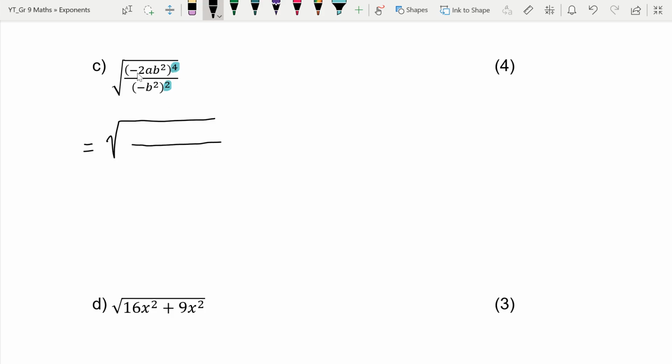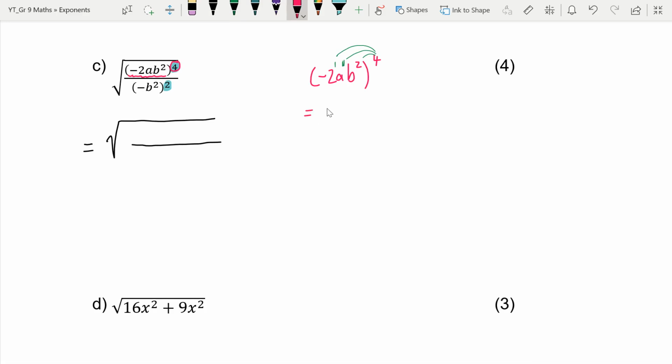So if we think about what we've got over there in the numerator, and it is raised to the power of 4, I'm just going to write it over here. Okay, all the exponents on the inside must get multiplied with the exponents on the outside. We're never going to multiply an exponent and a base.